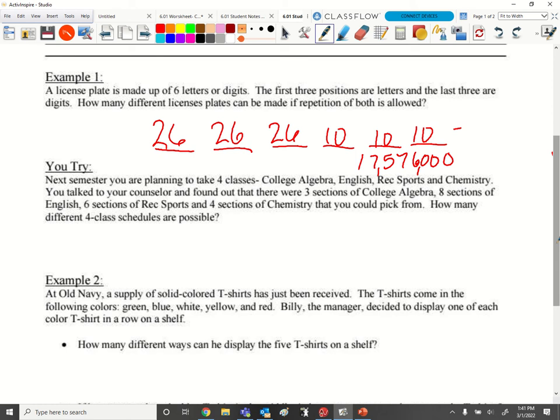Start off the same way I started off that last problem. All right, let's start off.